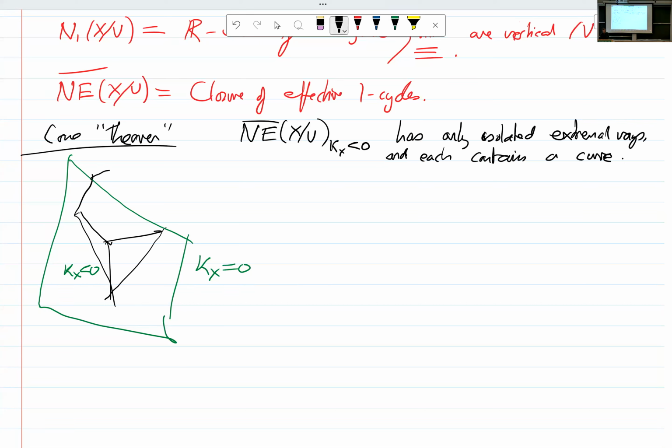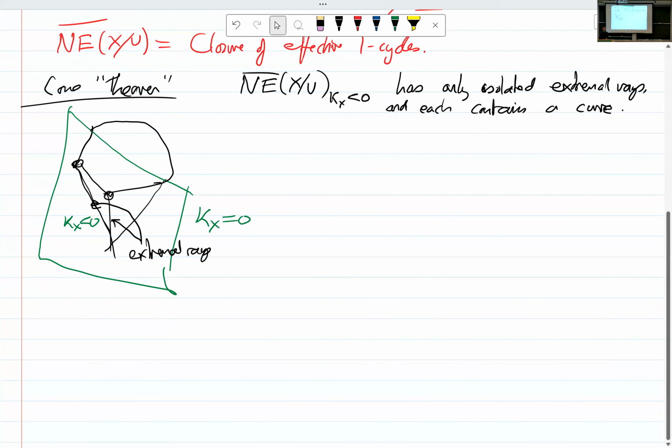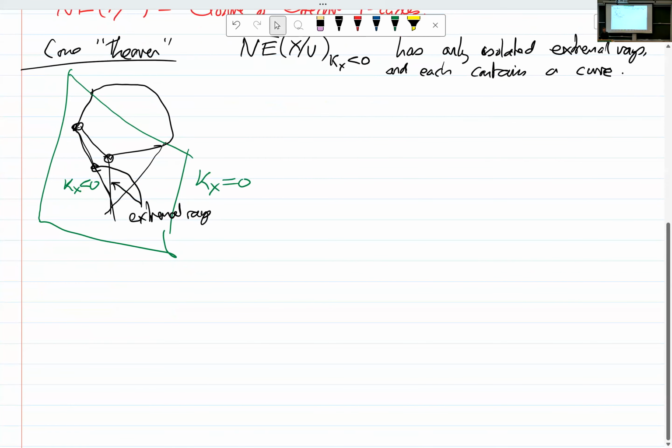On the other side, this cone can look like anything, but where Kx is negative, it looks pointy, and you have these extremal rays. So ingredient 1 says this cone theorem should work, and you get these isolated extremal rays where Kx is negative. The point is we want to contract the curves in these extremal rays.